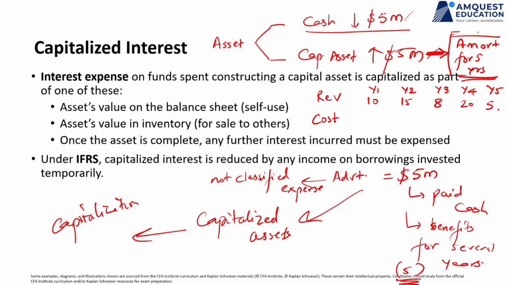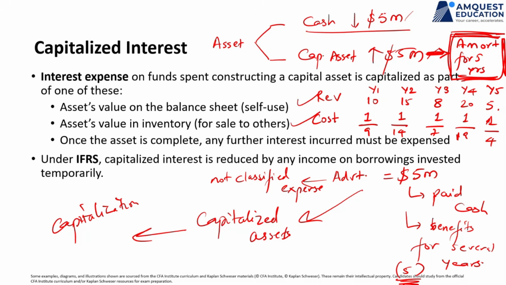Every year $1 million will be the cost that will be amortized, and therefore my gross profit will be lower by $1 million, because I've spent a lot of it last season. So you have matched the revenue to the cost.